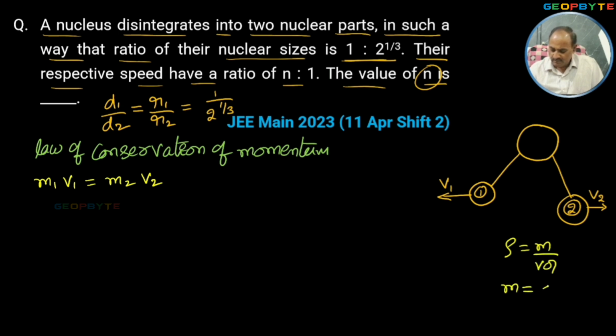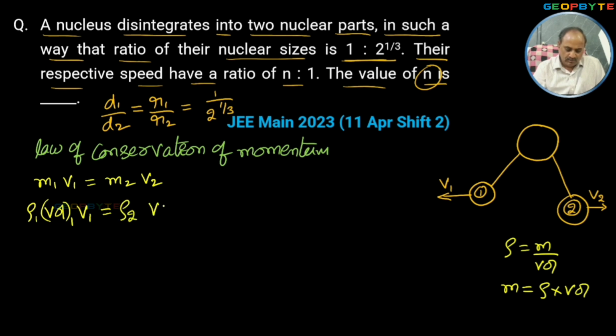From this, mass equal to density multiplied by volume, then it can be written as rho 1 into volume of the first part multiplied by v1, the velocity of the first part. Similarly, rho 2 into volume of the second part into v2, the velocity of the second part. But density remains same, rho 1 equal to rho 2.